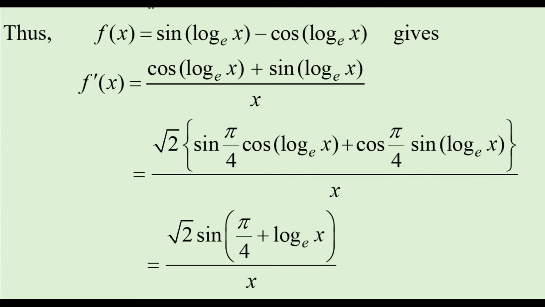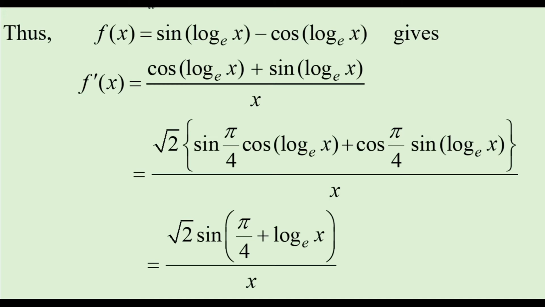Thus, f prime of x is equal to cos of log x plus sin of log x, all divided by x. Now we note that sin pi by 4 is equal to 1 by root 2 and cos pi by 4 is equal to 1 by root 2. We introduce sin pi by 4 and cos pi by 4 in the summand in the numerator, and in order to compensate for that, we multiply by root 2, because sin pi by 4 and cos pi by 4 are each 1 by root 2.